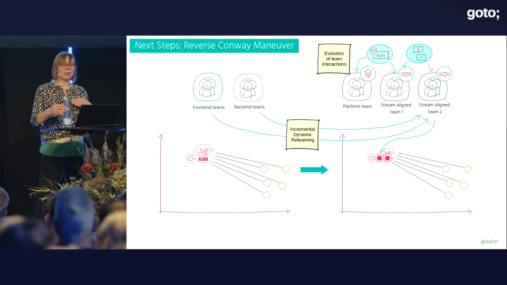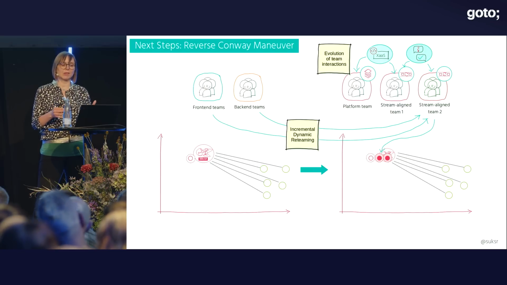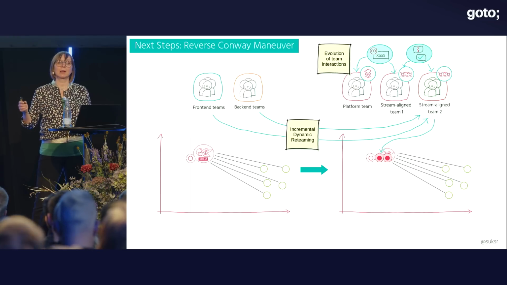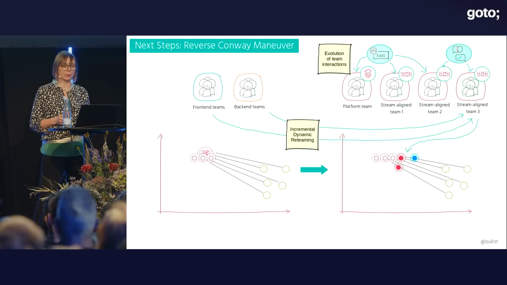And also changing the teams and the system in small increments and small steps allows us to gather early and constant feedback that we can also feed into adjusting our to-be scenario and refine our to-be approach accordingly.